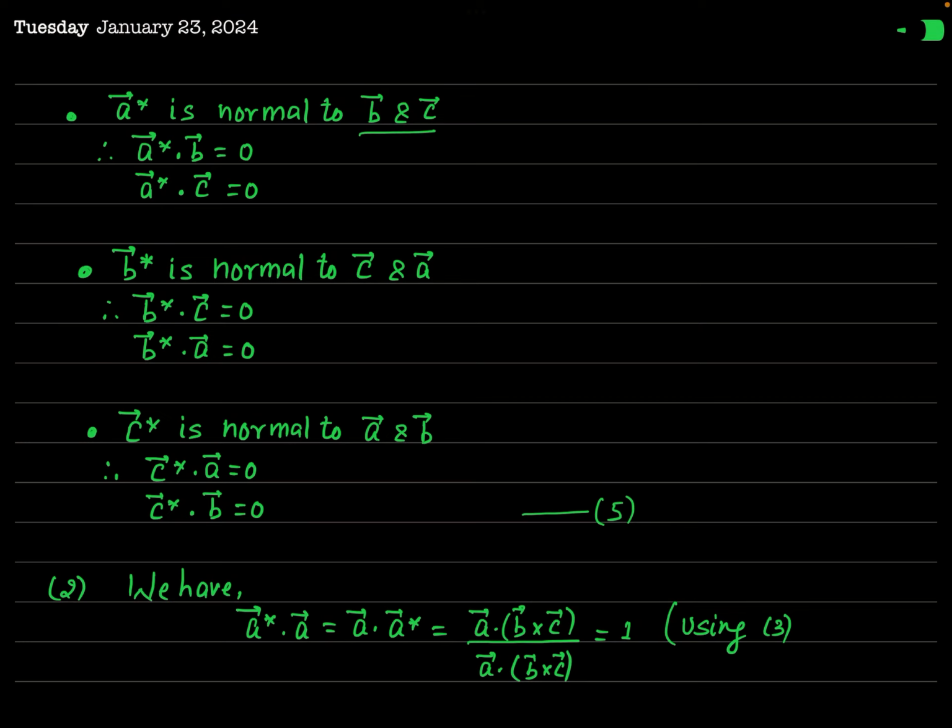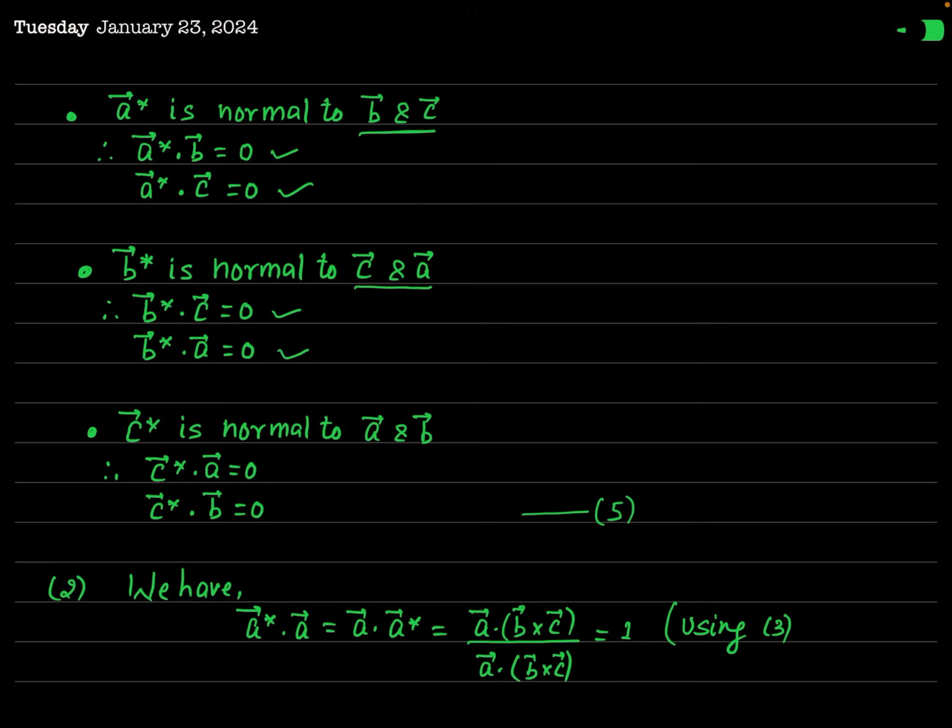And so since A star is normal to B and C, you can see easily that A star dot B is equal to 0, and A star dot C is also equal to 0. Again, B star is normal to C and A, so their dot products are also 0: B star dot C is 0, B star dot A is 0.